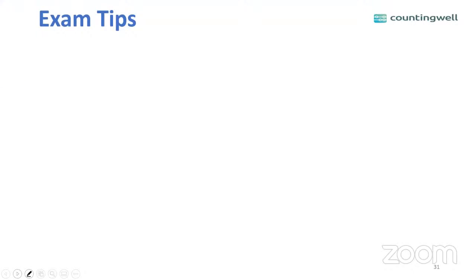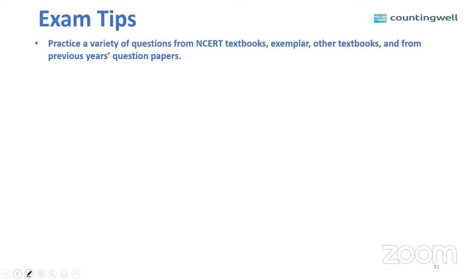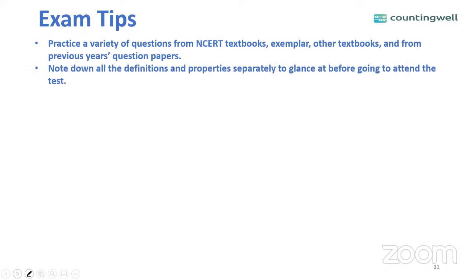Okay, let us see some exam tips for these two chapters. First is you have to practice a variety of questions from NCERT books and exemplar as well. You can try from other textbooks and from previous year question papers.